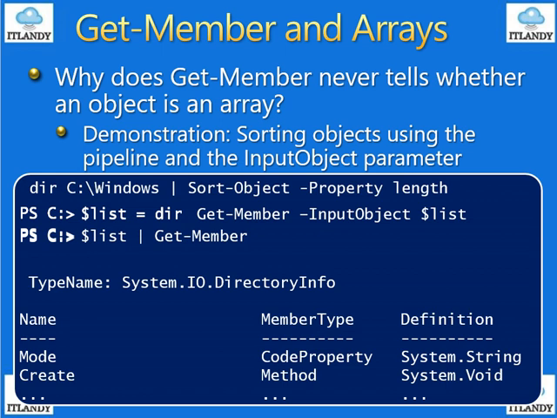However, if you use the InputObject parameter of Get-Member, then Get-Member receives an array of System.Diagnostics.Process objects as a single unit, and it will display the properties of the array object. You will note the array symbol, which is the two brackets facing each other after the System.Object type name.